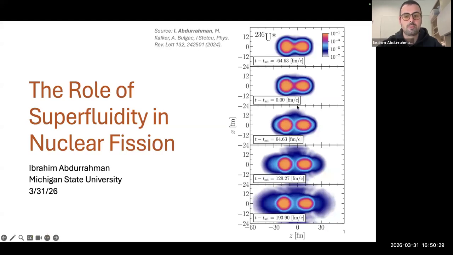This is why at some point in the talk I said that, even though the consensus from the community is that you should probably see neutrons emitted from the fragments at a much later time as a thermal process, we call that into question. Now I think a lot of people are thinking about this. I should be careful, actually: this idea of neutrons being emitted at this stage goes back to Niels Bohr in the 1930s, a long time ago.